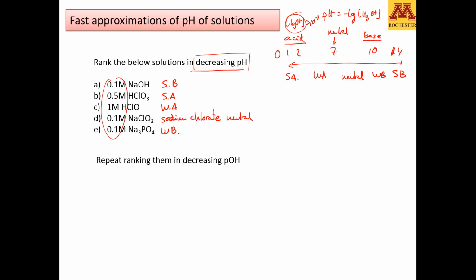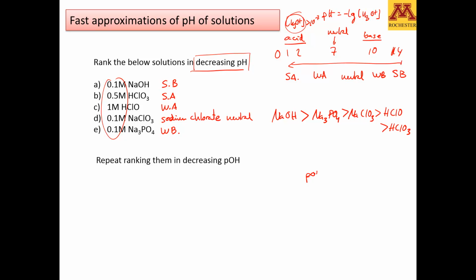So if we were to rank it, sodium hydroxide is the highest pH, followed by sodium phosphate, followed by sodium chlorate, which is the neutral, followed by the weak acid, which is hypochlorous, and followed by, finally, the strong acid, which is chloric acid.